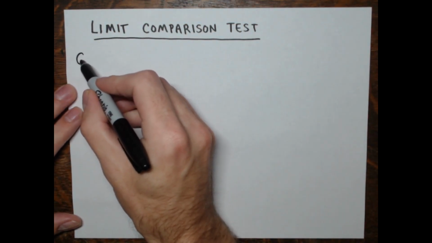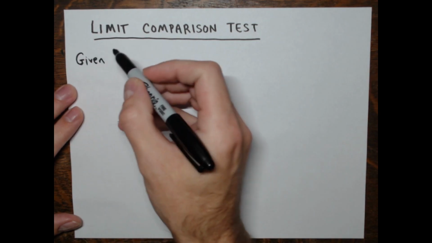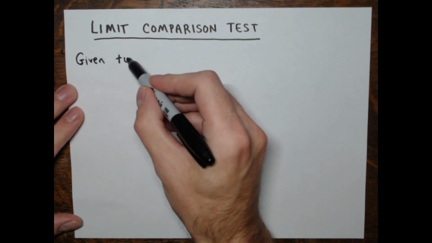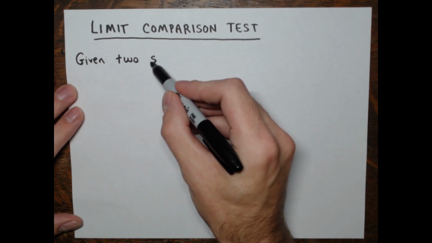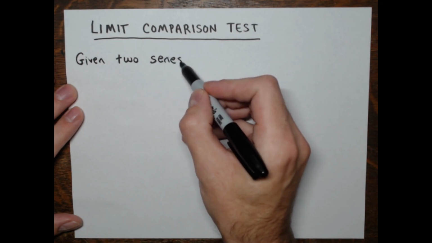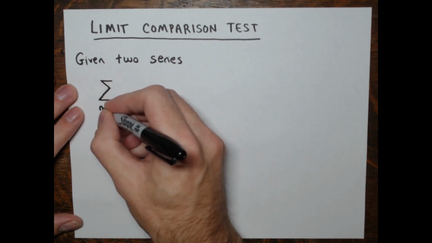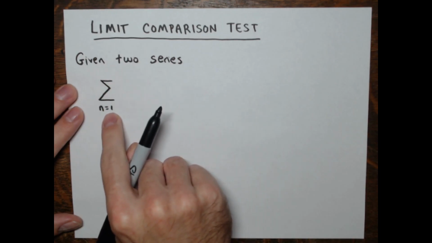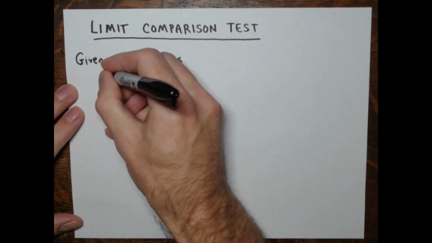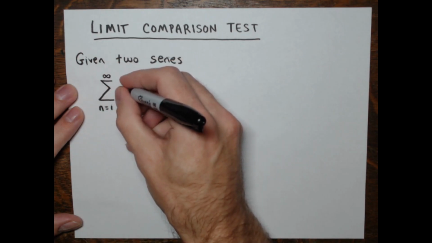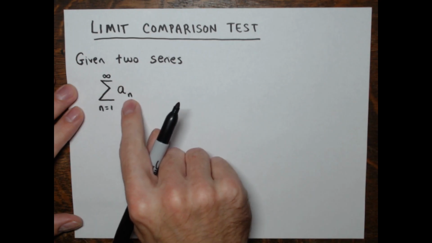So suppose we are given 2 infinite series, sum from say n equals 1 or some integer to infinity of the terms of some sequence called a sub n.